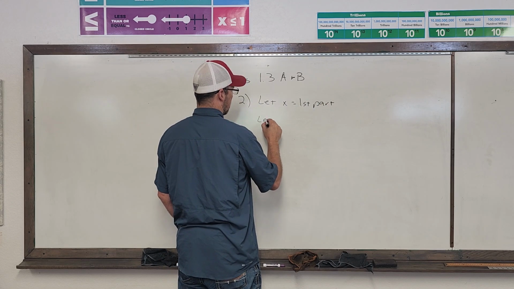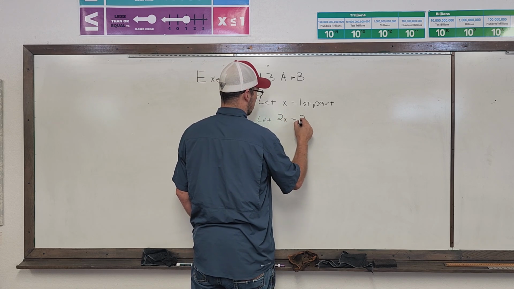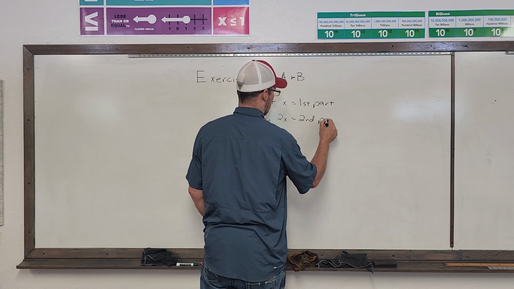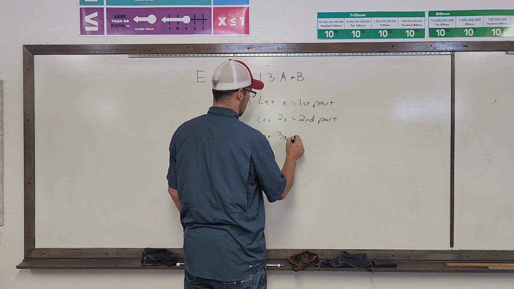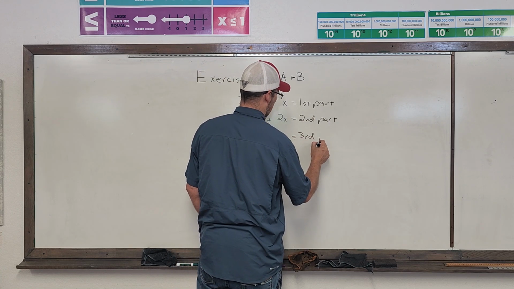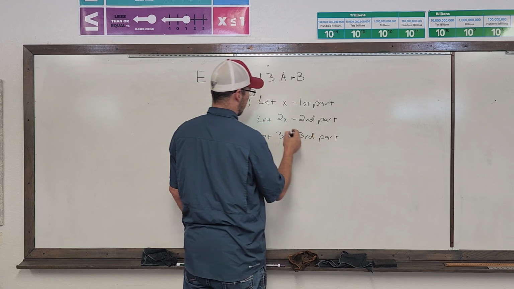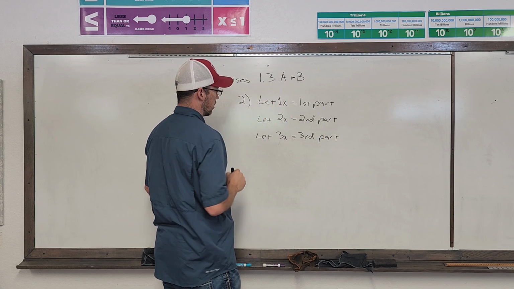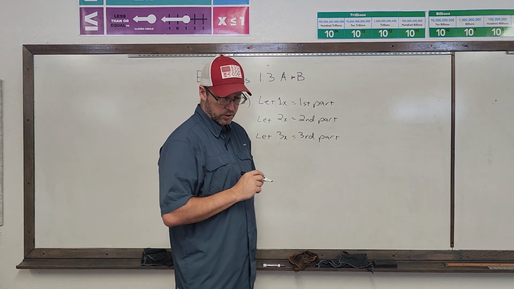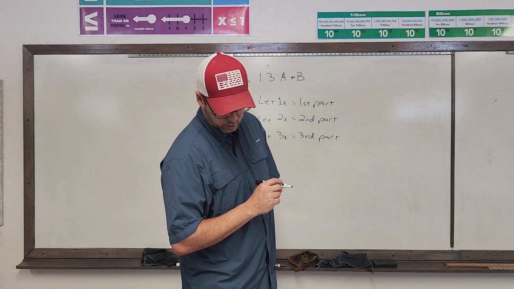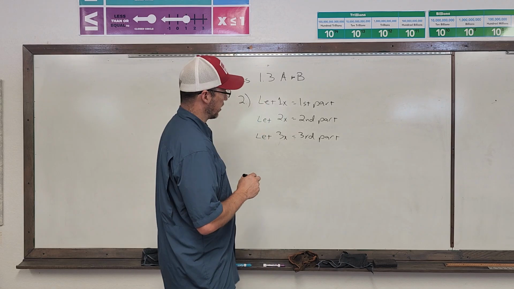I'm going to let 2x equal the second part, and I'm going to let 3x equal the third part. So being that there's an understood 1 there, this is the ratio of 1 to 2 to 3 on each part.